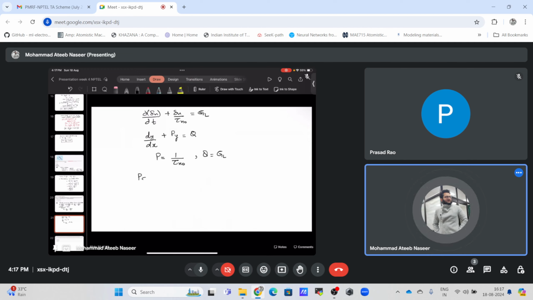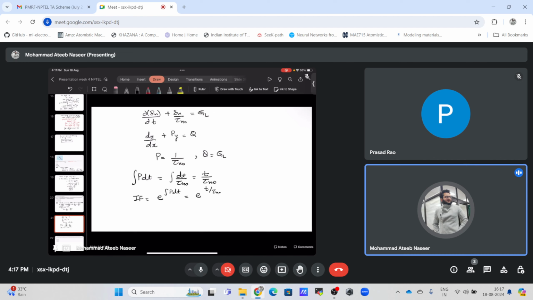Now integral P dt, where x is simply this t here and y is simply delta n. So the integral of P dt is simply dt by tau n naught, which is t by tau n naught. Now the integrating factor is simply exponential of integral P dt, which is exponential of t by tau n naught.